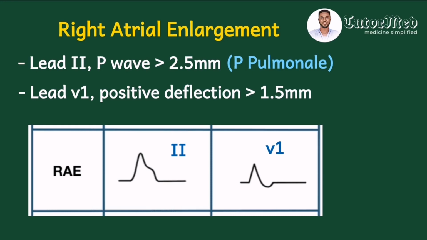That is, it will be more than 1.5 millimeters in height. And so if you want to identify right atrial enlargement, just look at lead 2. The P wave would be more than 2.5 millimeters high, or look at V1, you will see that the first positive deflection, which represents the right atrium, is more than 1.5 millimeters in amplitude.